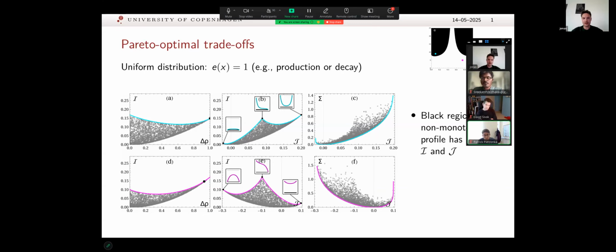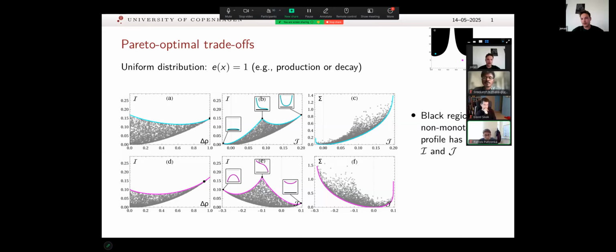But what this means in practice is basically, if we look at the different trade-offs, so for instance, if we look at the 2 middle plots, the second column, the positional information versus current, we can see that the highest positional information in the white region of phase space is always set by monotonic density profiles, which is the prevailing assumption in the literature currently about this positional information, that these kind of monotonic profiles carry the highest positional information.